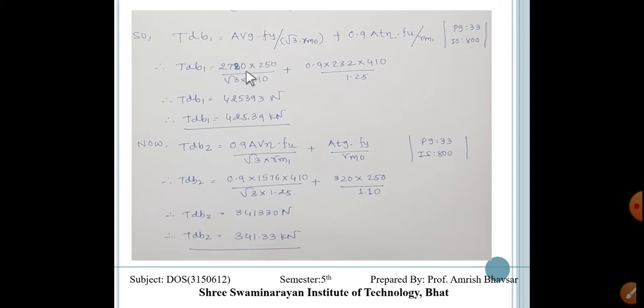Now put the values that we have into this equation: 2730 into 250 divided by root 3 and gamma m0, that we already have. Here 0.9 into ATN that we have calculated, Fu we have, and gamma m1 also we have. So we will get TDB1 is equal to 4,25,393 Newton, but here we are going to calculate everything in kilonewton.